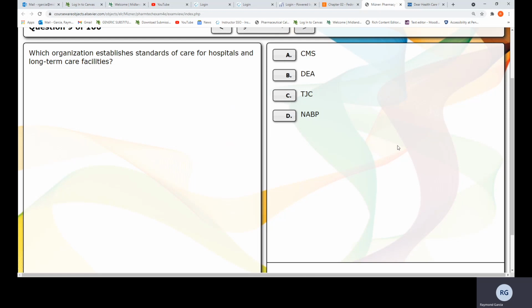Which organization establishes standards of care for hospitals and long-term care facilities? DEA is for controlled substances. NABP is still just the pharmacy. TJC is the Joint Commission, and I've seen that, people going to the hospital. CMS, what was CMS?